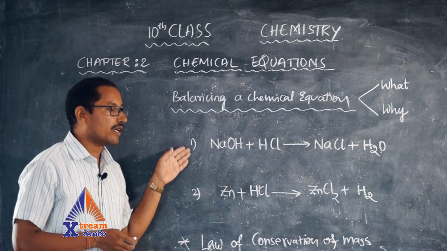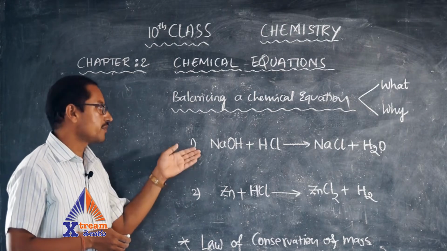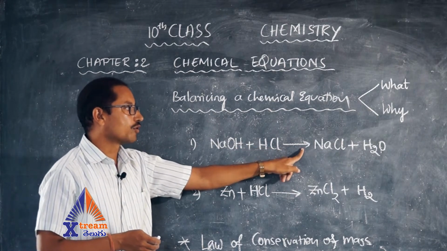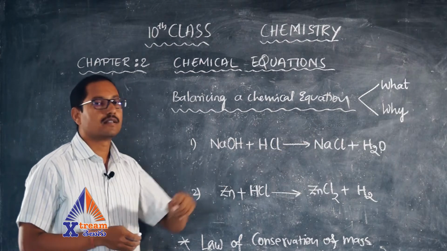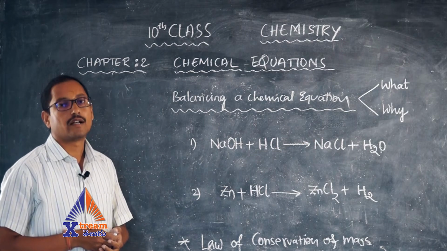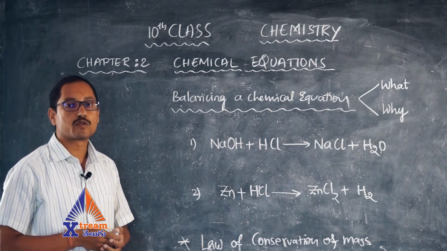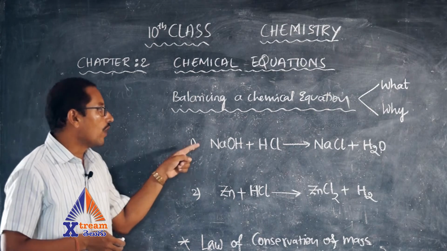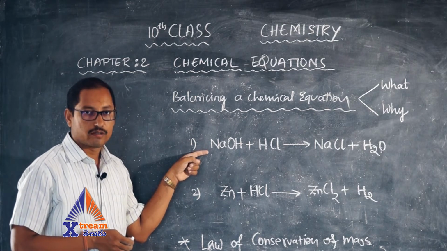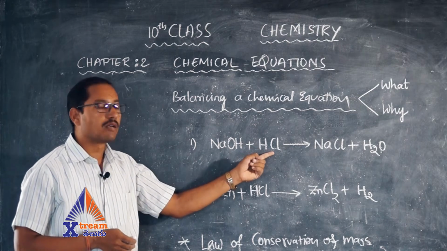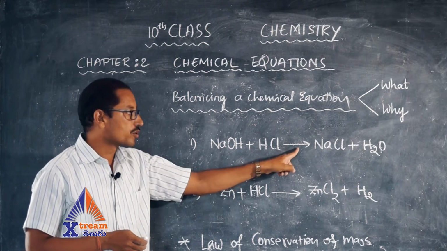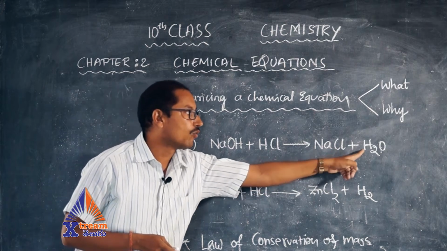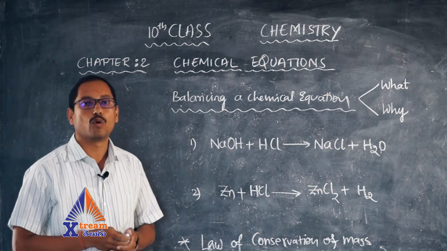Here you can see 2 chemical equations. First being NaOH plus HCl, arrow mark, NaCl plus H2O. In previous videos you have been told that these equations are to be read as one molecule of NaOH reacts with one molecule of HCl to give one molecule of NaCl and one molecule of H2O.